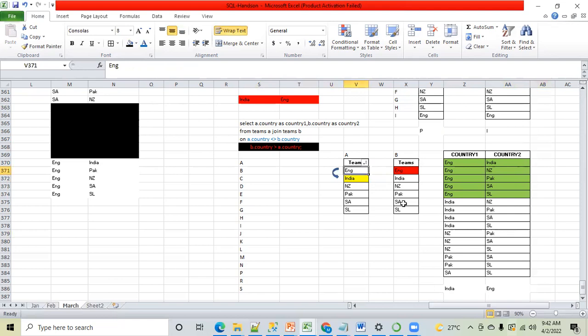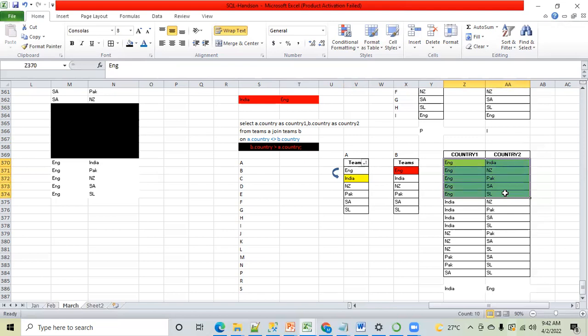Okay, very good. For England, we have seen all the combinations I have tested here. First of all, with England and all these combinations, I have shown you that we got this record. Till here, is it clear? Only with England, I'm not going to India. Why we got this combination?